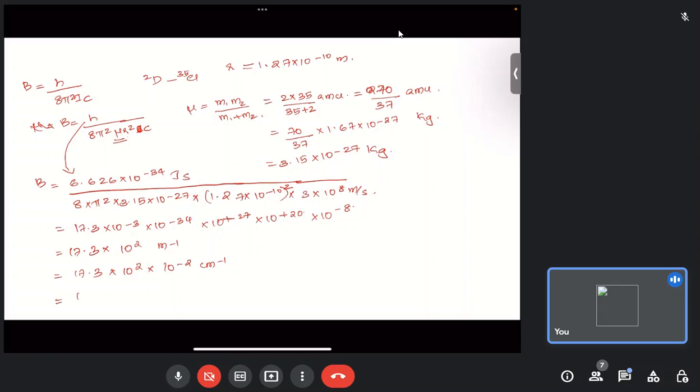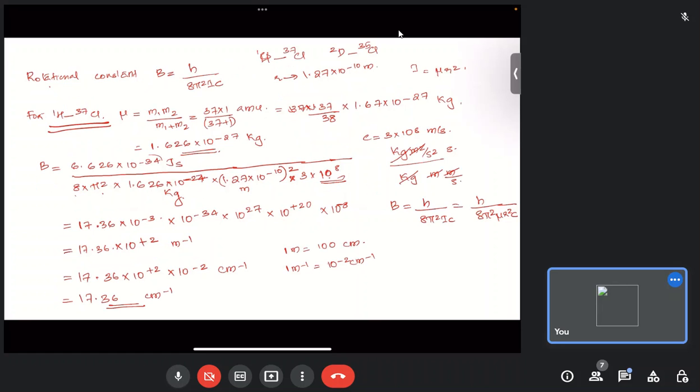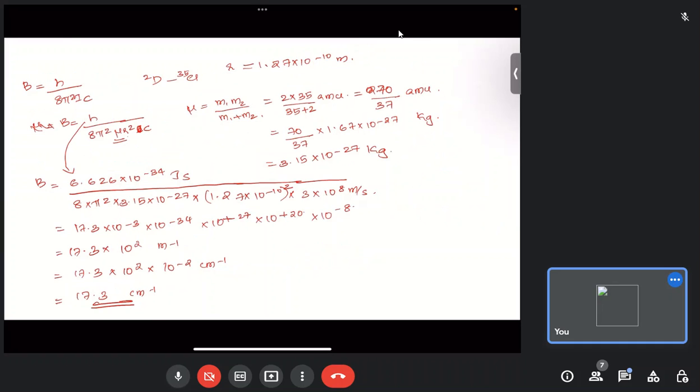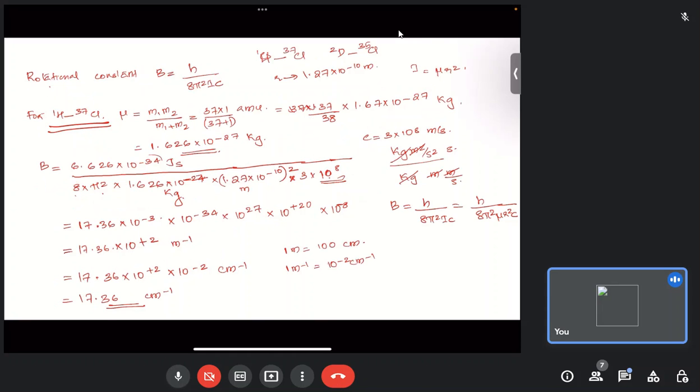This will be 17.3 centimeter inverse. So that's where we found out what is the B value for deuterium 35 chlorine. So we are done with this particular one.